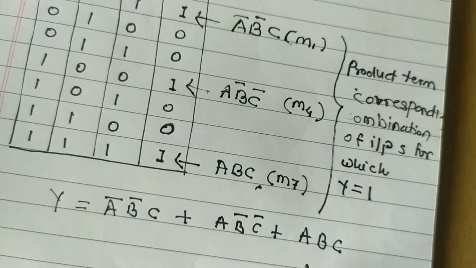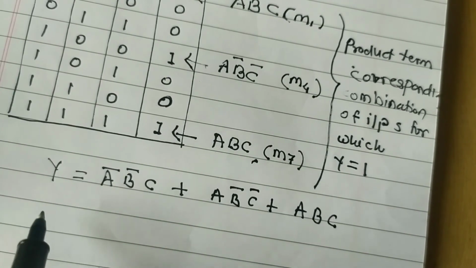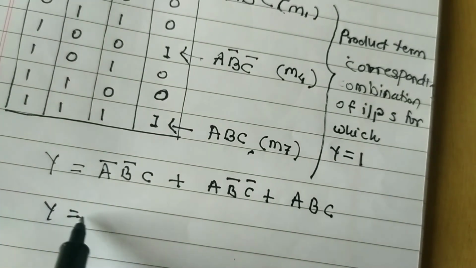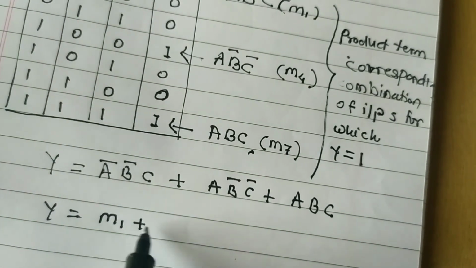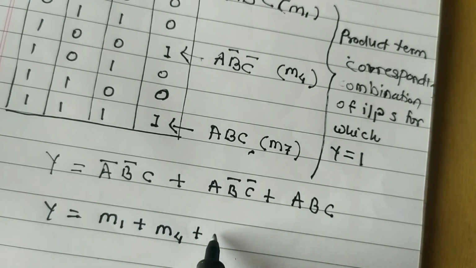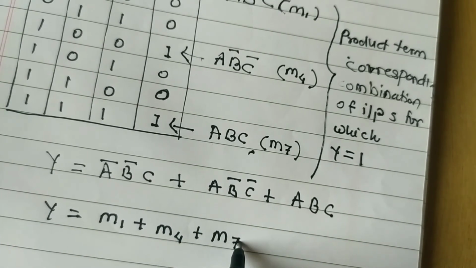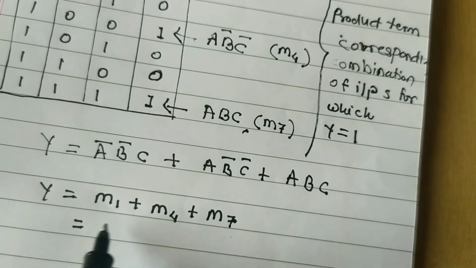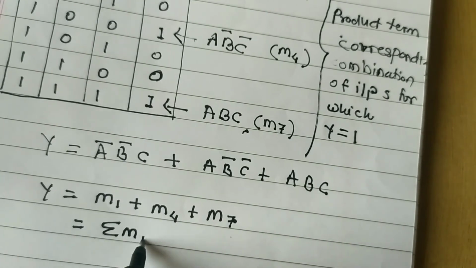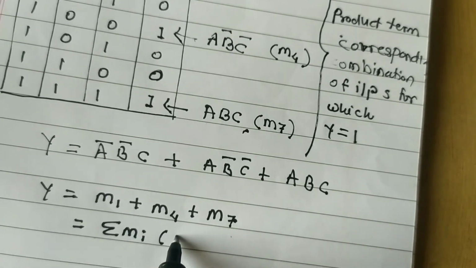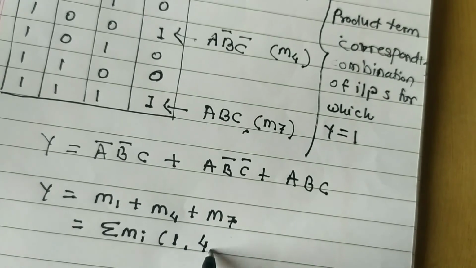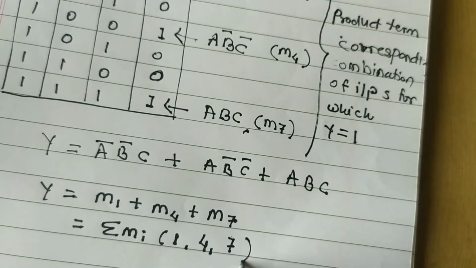This expression can also be written as Y equal to m1 plus m4 plus m7, which is equal to the summation of m 1, 4, 7.